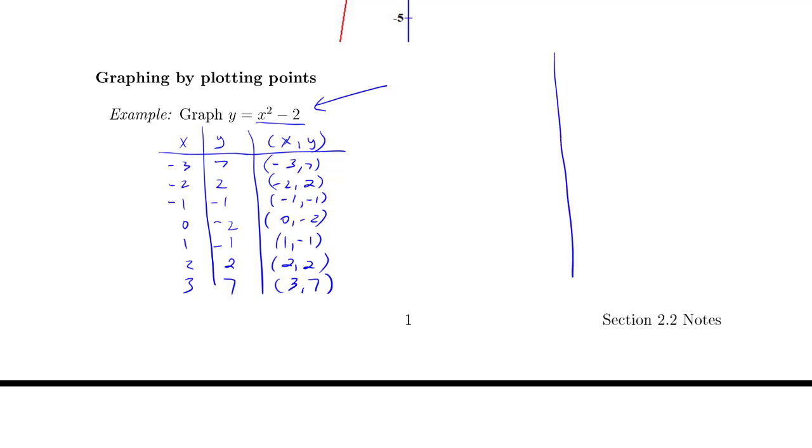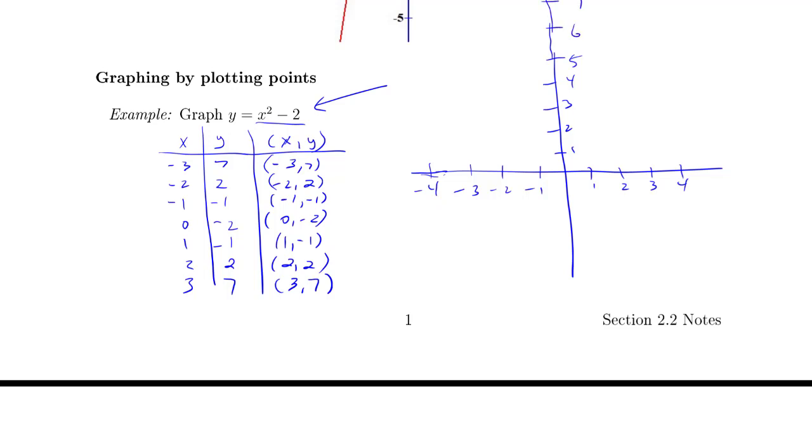So if we wanted to, we could just set up a grid here. So let's say 1, 2, 3, 4 in x, -1, -2, -3, -4, and 1, 2, 3, 4, 5, 6, 7 in y.